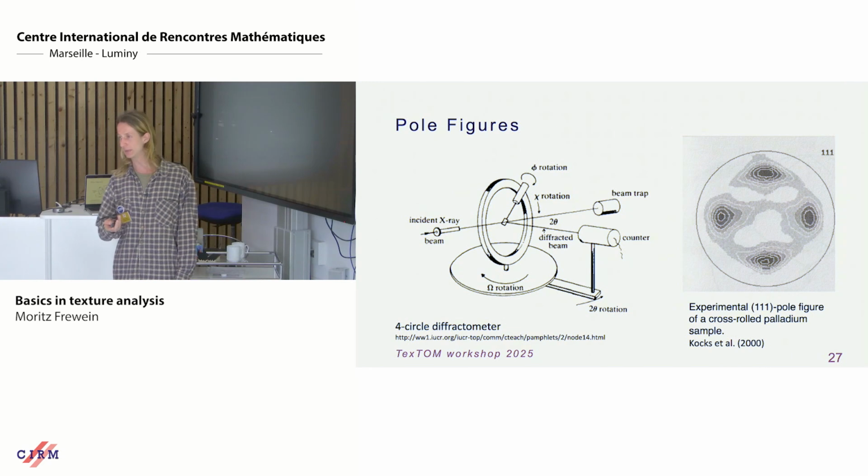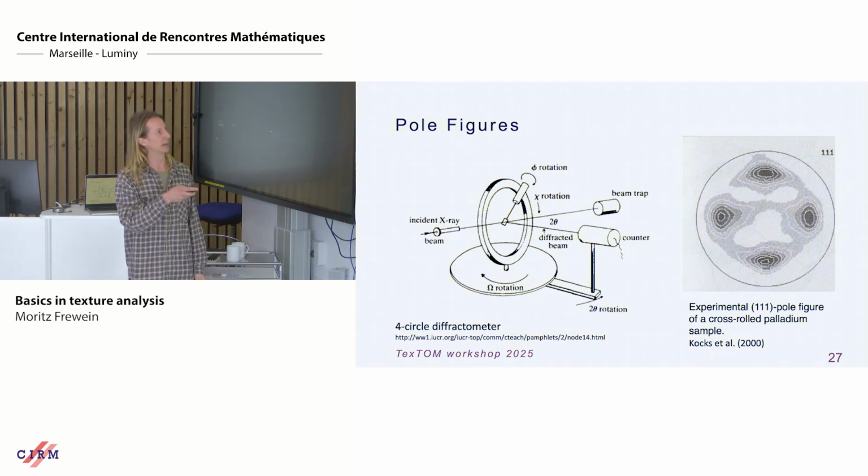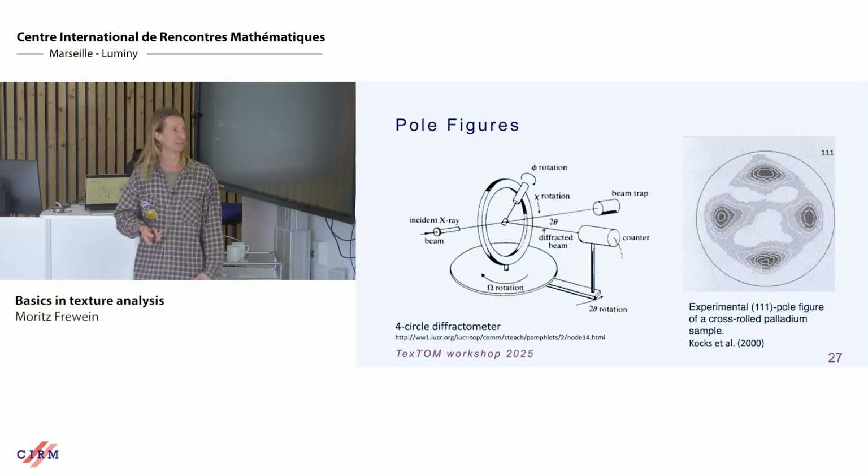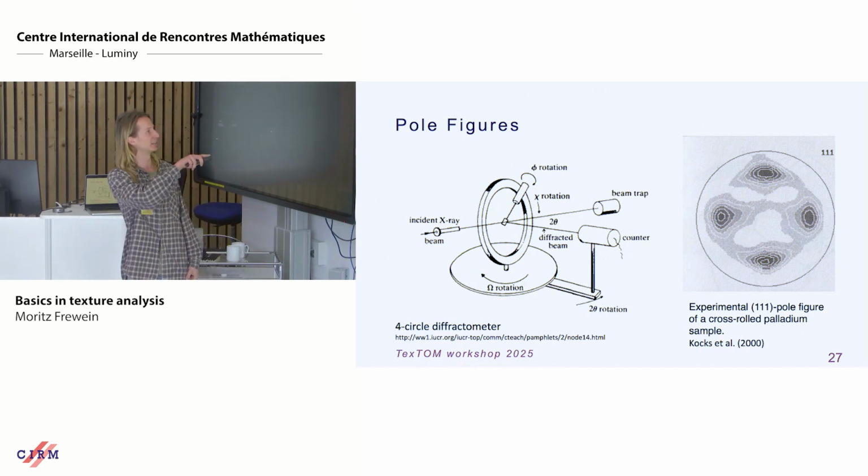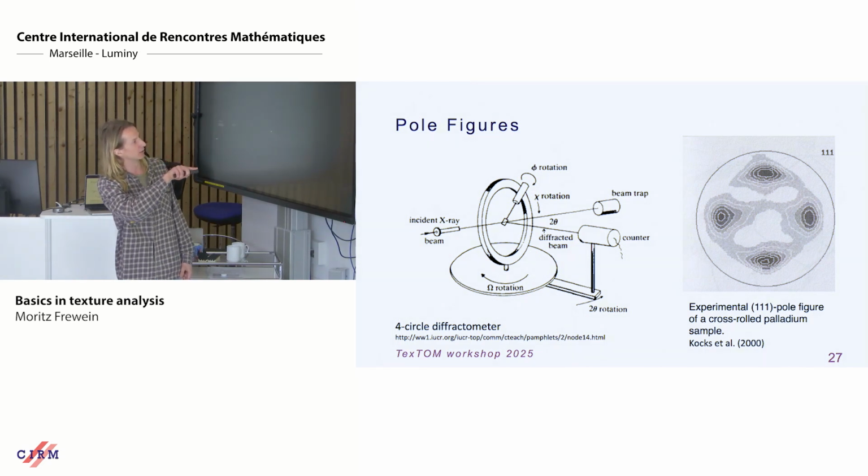What this is, it actually comes out of an experiment where the first kind of texture analysis was done with this setup. So we have an incident beam. Here you have the sample, which is mounted on this rotation stage. We can do the rotation around 3 angles, here, then here, and then another one here.